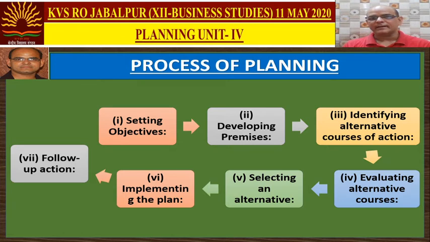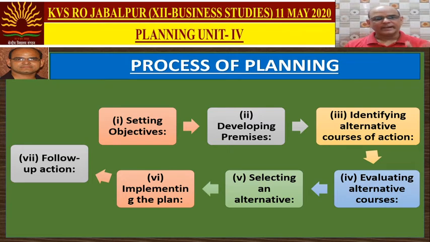In the same manner, you will find controlling in planning, controlling in organizing, staffing, directing, and in controlling itself. So when we talk about this last option, follow-up action, this follow-up action is taking feedback, and taking feedback is actually the controlling process. Controlling means to compare the actual performance with the targeted performance.